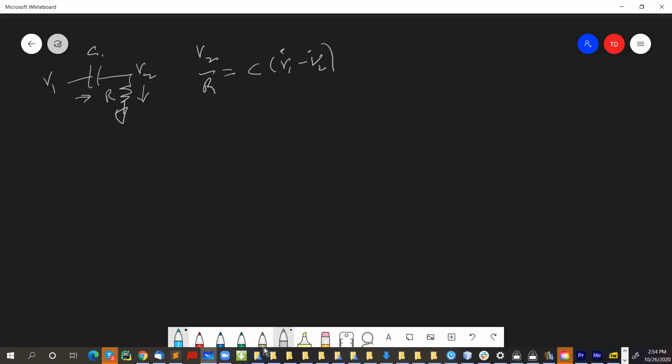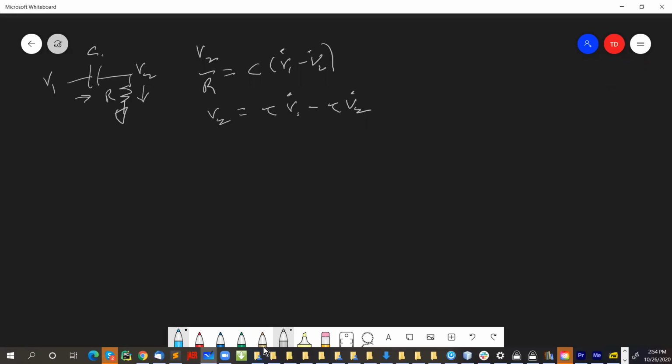So it's the capacitance times the rate of change that the voltage is changing across the capacitor. Okay, so let's put the RC in there. So we know that V2 is equal to tau times V1 dot plus tau times V2 dot minus.